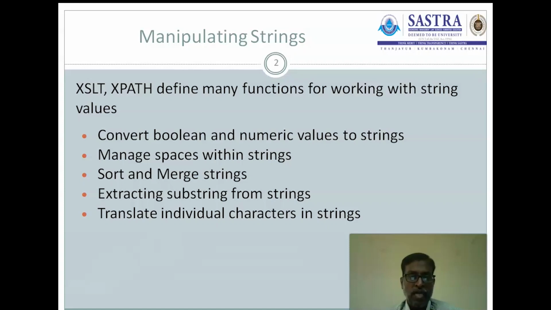A part of the string can be extracted using the substring concept defined in XSLT, and individual characters or a char array can be converted into a string. It means translation of individual characters into strings is possible through the related functions in XSLT.